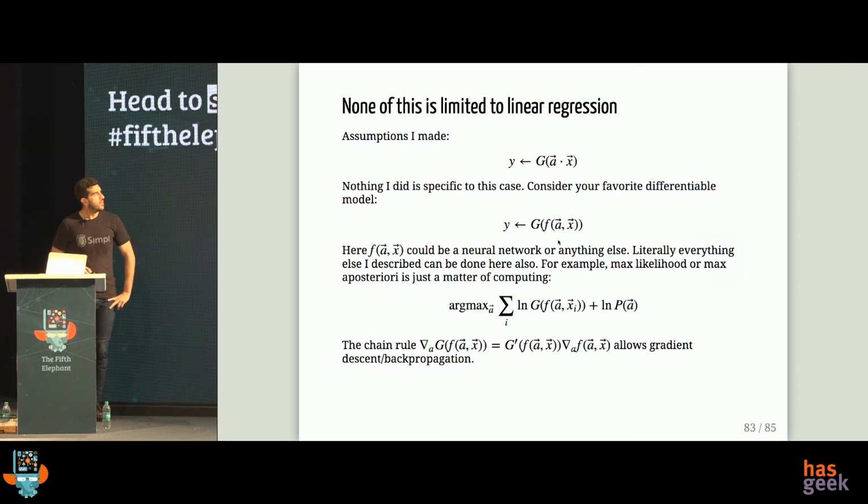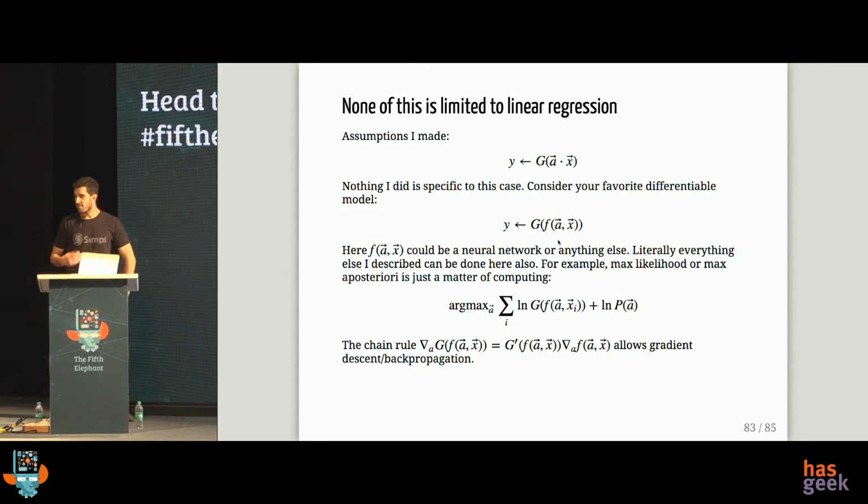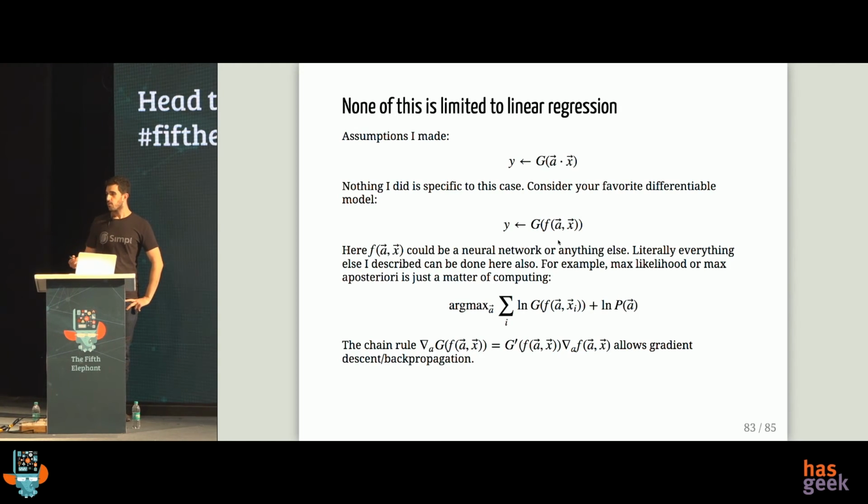I should also mention that none of this is limited to linear regression. If you have some other differentiable model, if you're a neural network person, this is also a great way to essentially figure out what your loss function should be, or to figure out what parameters you should be predicting.